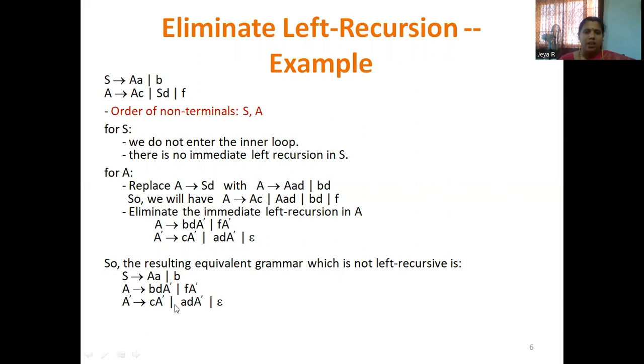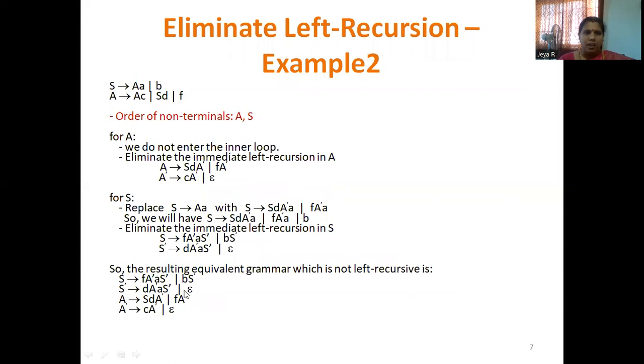Then finally we will get the resulting grammar, which is this one. For the same grammar, if I take the ordering of the non-terminals as A and S, then we do not have an inner loop for A, and then we have an inner loop for S. In that case, S produces A A will be replaced with the production of A. What is the production of A?